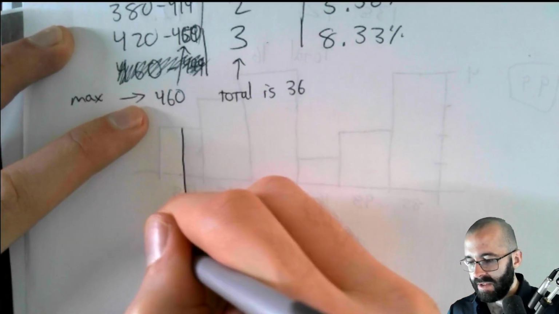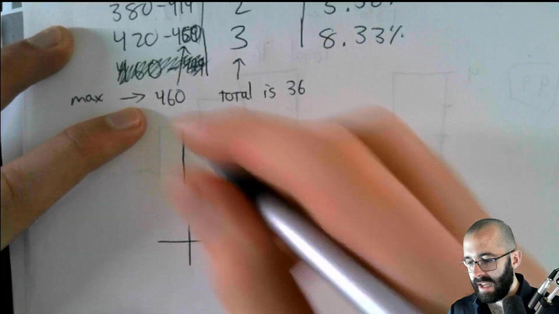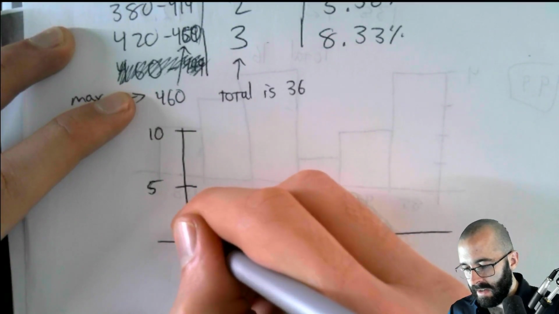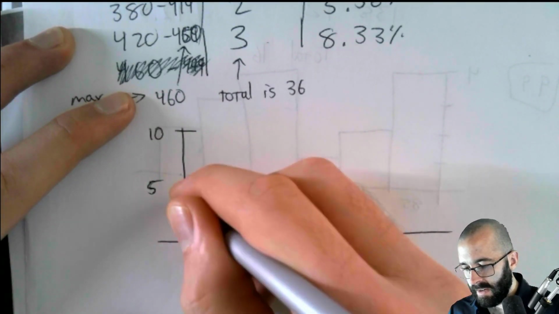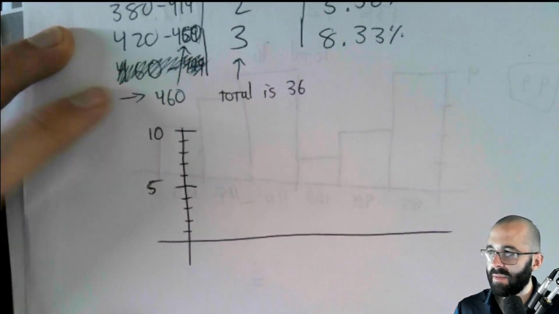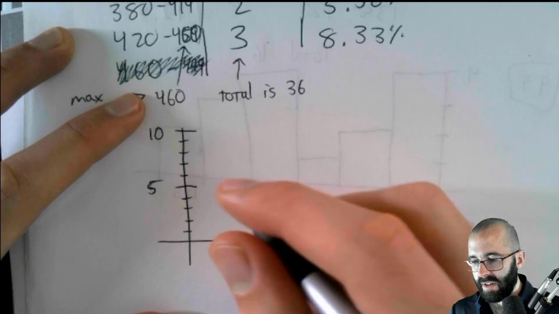So for our histogram, we have a lot of classes, and the biggest frequency is 10. So this is 10. This is 5. 1, 2, 3, 4, 5, 6, 7, 8, 9, 10. Maybe something like that.